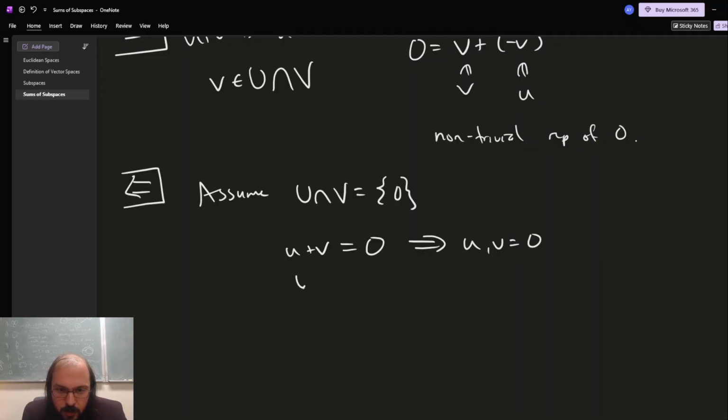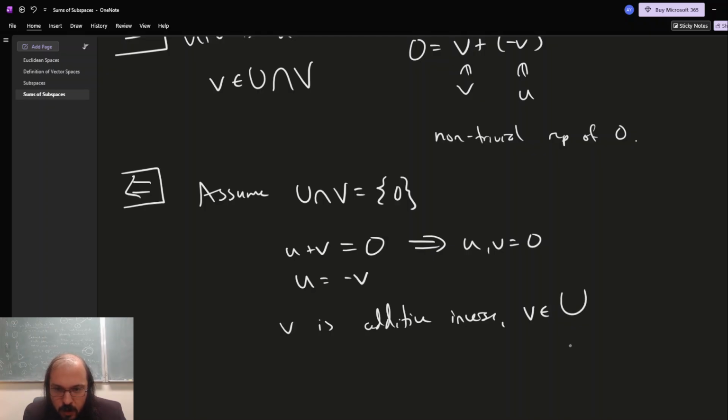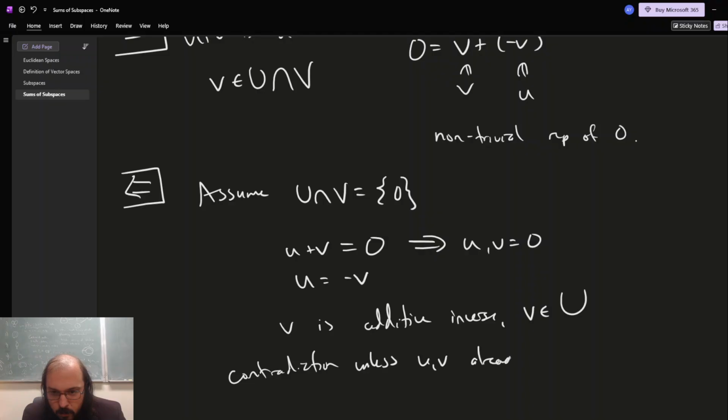Of course, though, this equation tells me that u is equal to minus v, and we know that our subspaces are closed under taking additive inverses. So since u is the additive inverse of v, u must be in V's space. In other words, this thing can't be true unless these were already equal to 0. And that finishes our proof off.